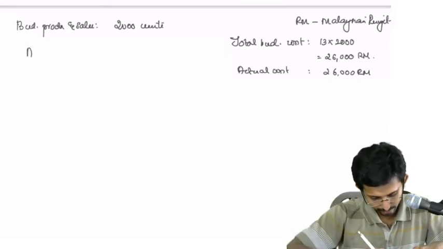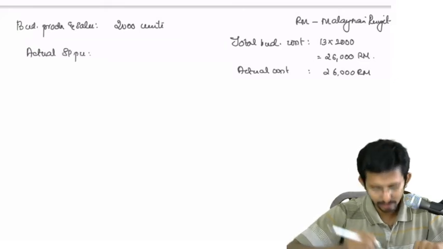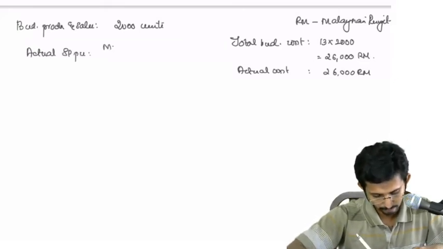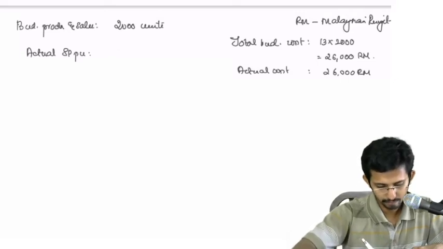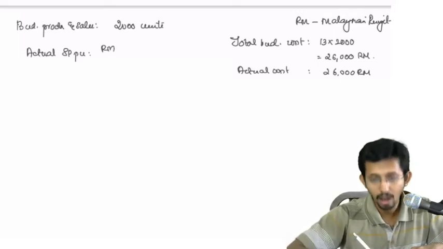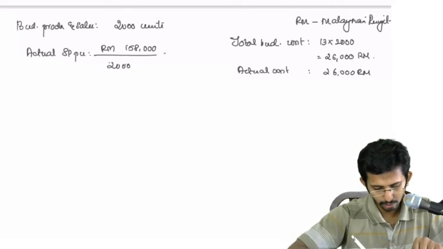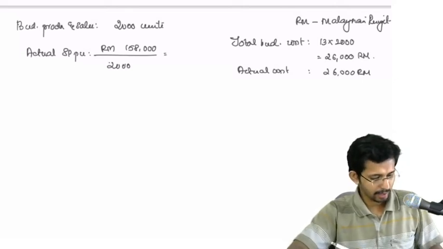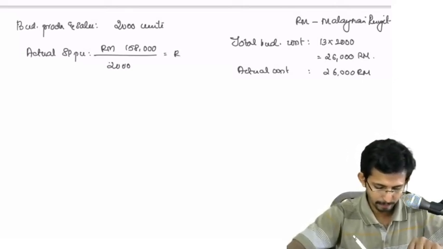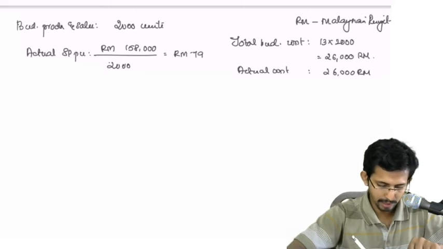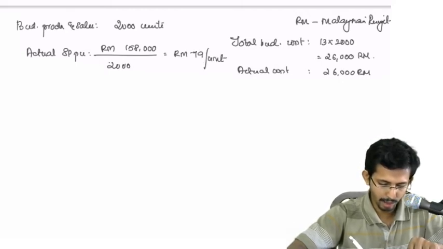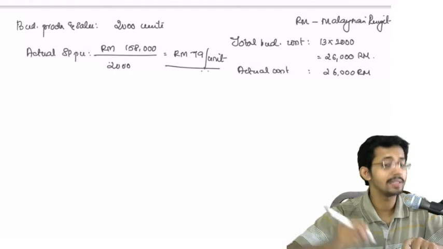So I can find the actual selling price per unit: 1,58,000 divided by the number of units, 2000, will be 79. RM 79 per unit. So actual selling price was 79.